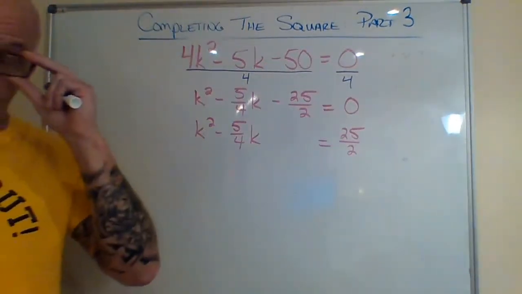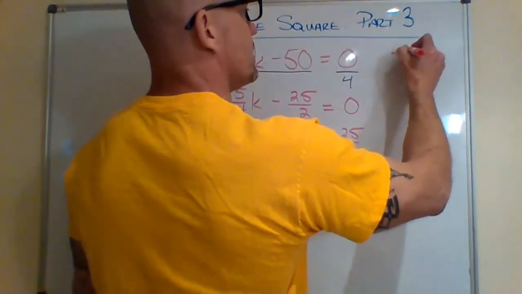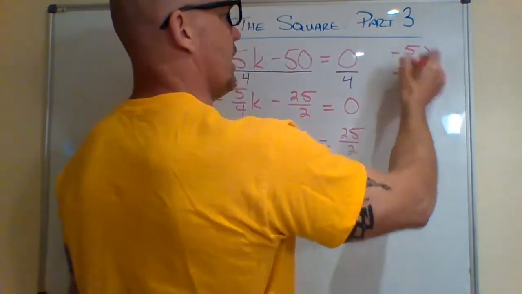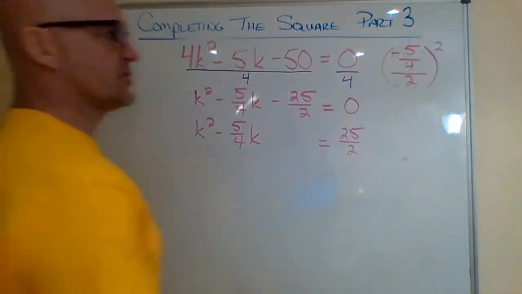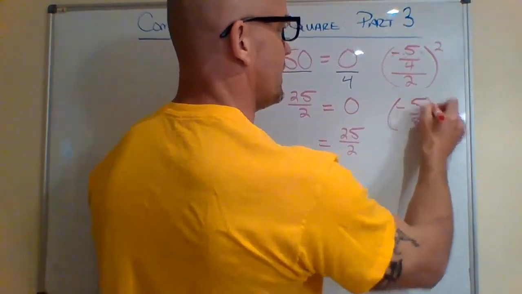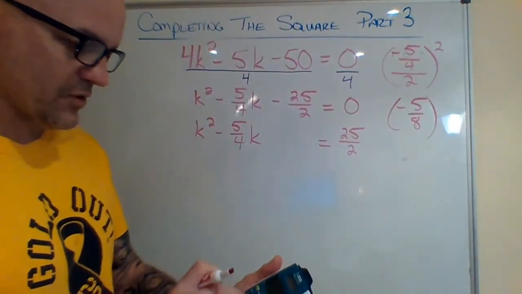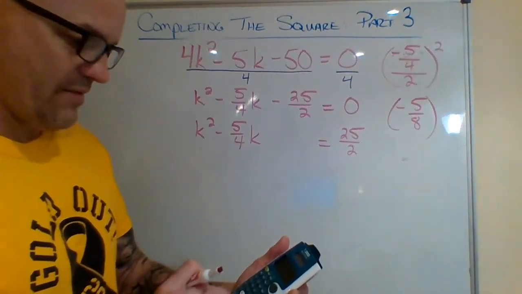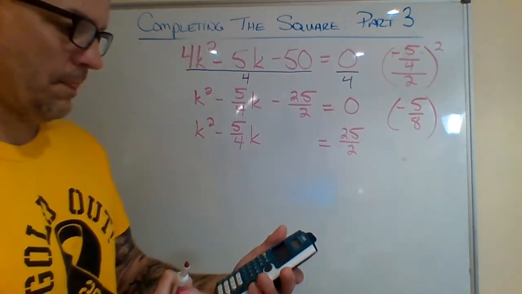So what am I going to add? Well, it's where I do my b over 2 squared. B is 5/4. It's being divided by 2, and that needs to be squared. Well, negative 5/4 over 2 becomes negative 5/8. I should probably show you that these calculators will handle that if I do negative 5/4 over 2.